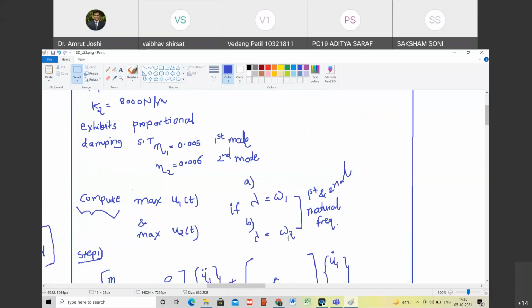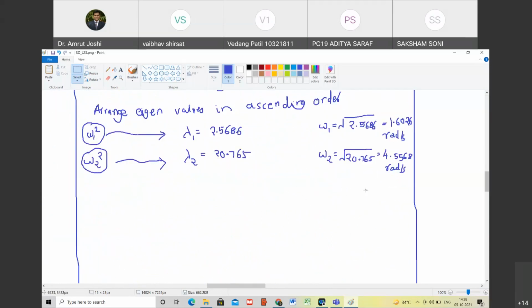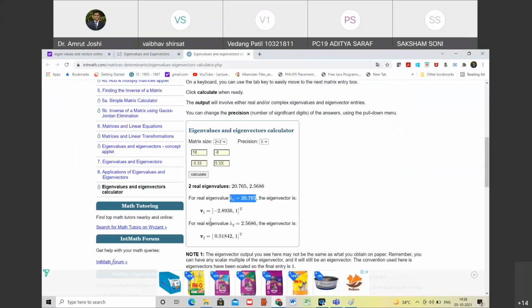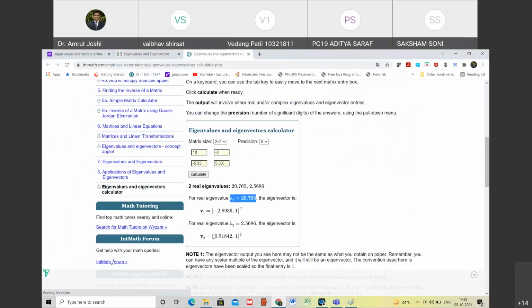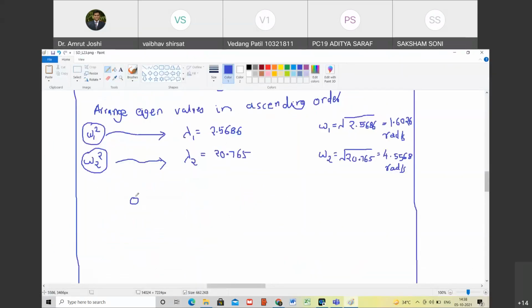Okay, so first we found out what is omega 1 and omega 2. At the same time, did we also find out the eigenvectors? Yes, these are the eigenvectors. When I write the phi matrix, I have to write both the eigenvectors in column form.